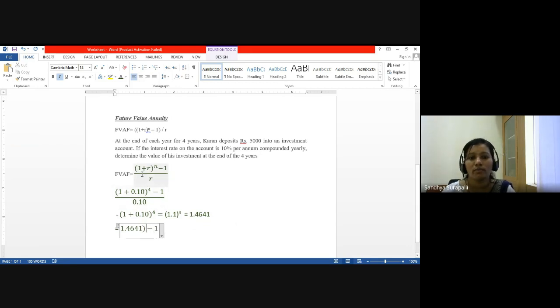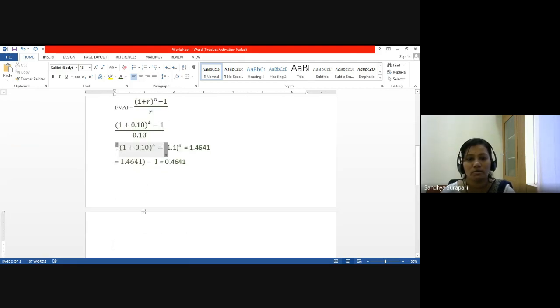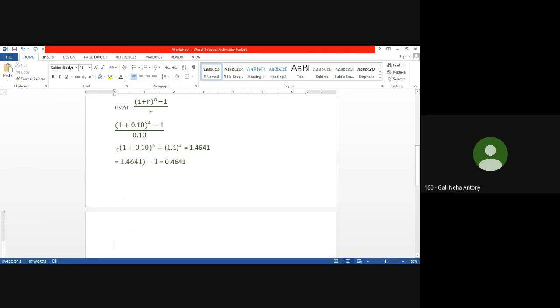Now we are solving for (1 plus r) to the power n minus 1. How much is it? It will be 0.4641. Now divide it by 0.10, the next step. That gives 4.641.